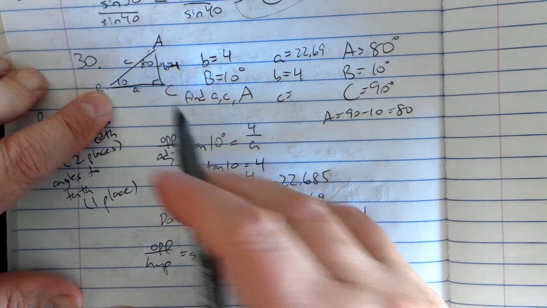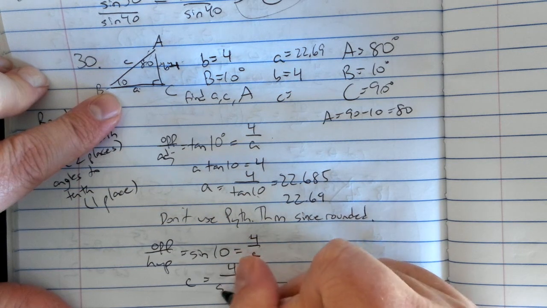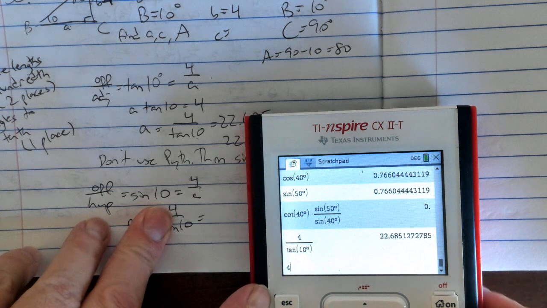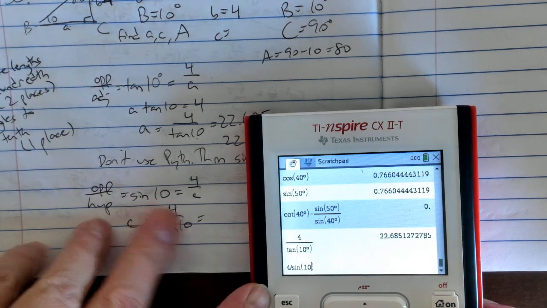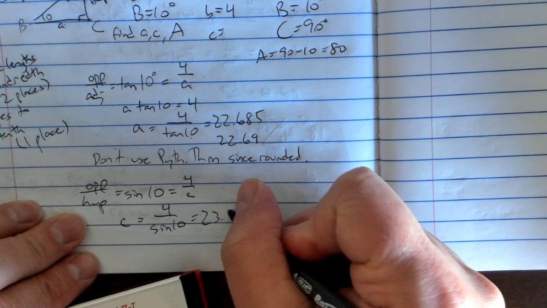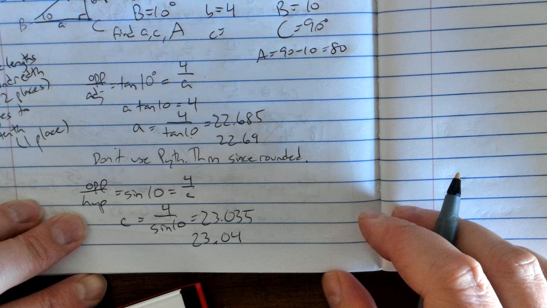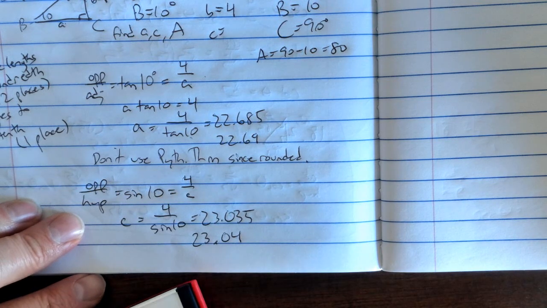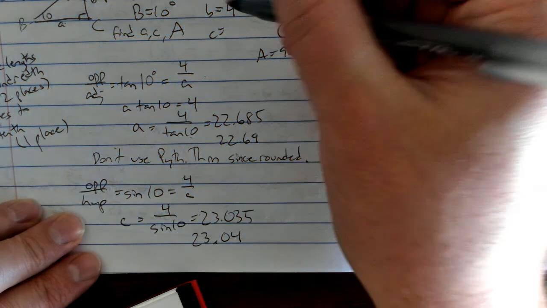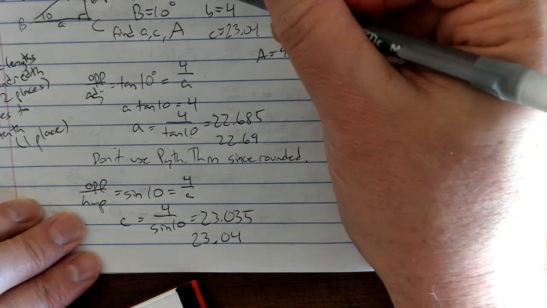So sine of 10 degrees equal 4 over C. And so C would be 4 over sine 10. So this gives us 23.035. So that makes it 23.04. So up here I put 23.04. So those are your answers.